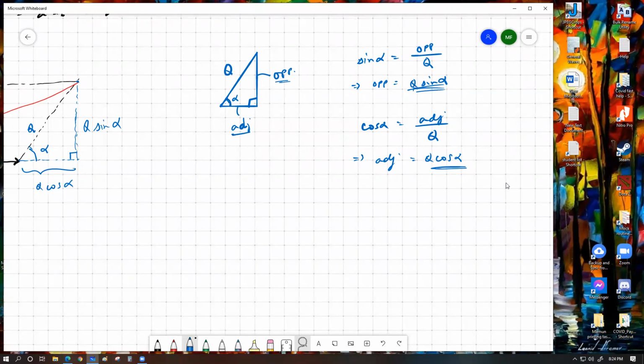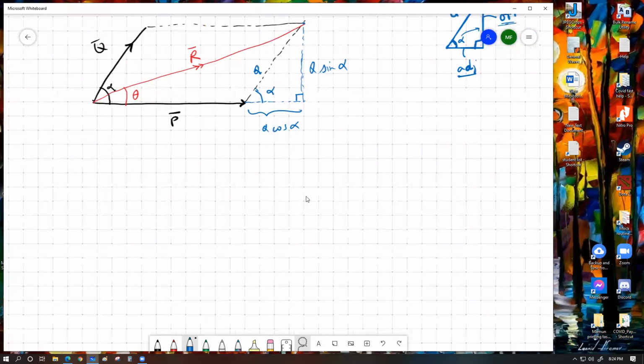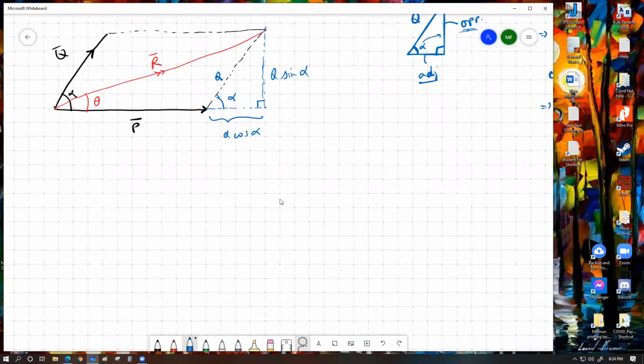That's why we call it the adjacent side. And this is the side which is opposite to this angle. So that's what we call the opposite side. The opposite side of a right angle triangle is always expressed as q sine alpha. So basically it's called the sine ratio of the hypotenuse, and the adjacent side is given by the cosine ratio of the hypotenuse. So that's from where we actually wrote these two expressions for this drawing.